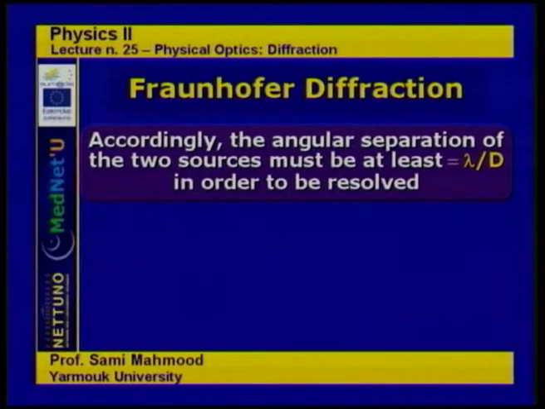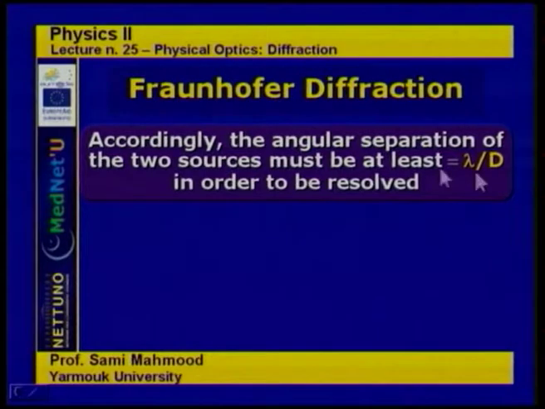So we look at the diffraction pattern of the two images, and if the maximum of one of them is on the first minimum of the other, we will see the two central maxima as separated, as resolved, and we can observe them as separate objects.